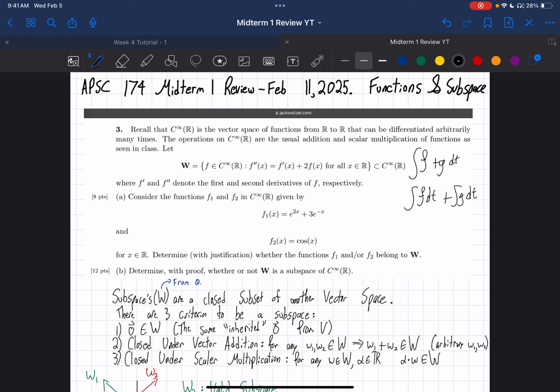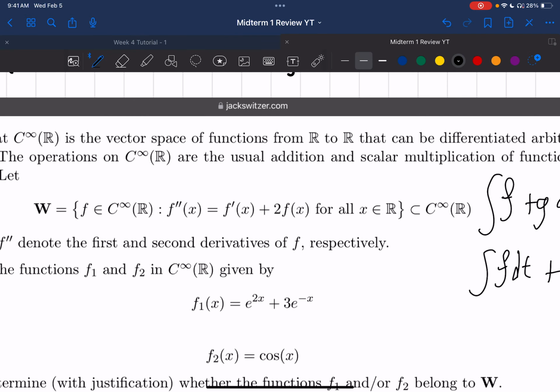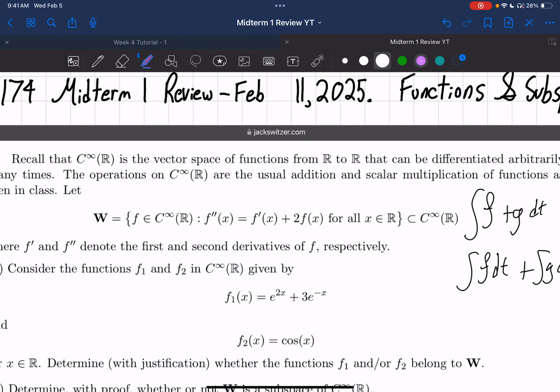But right now we're simply going to check these two functions, f1 and f2, that are certainly continuous. You can infinitely take the derivative of cosine, or of this exponential here. We're going to see if these are elements of our set W, where W is simply a rule on our vector space.